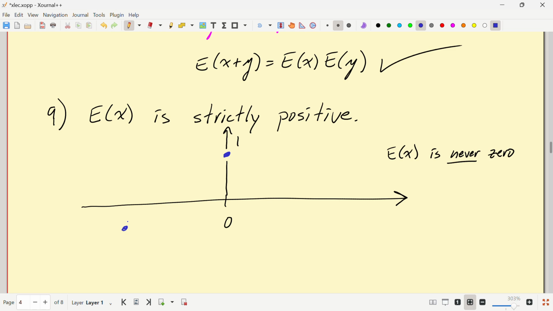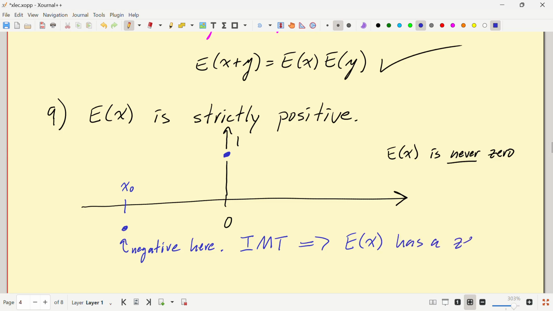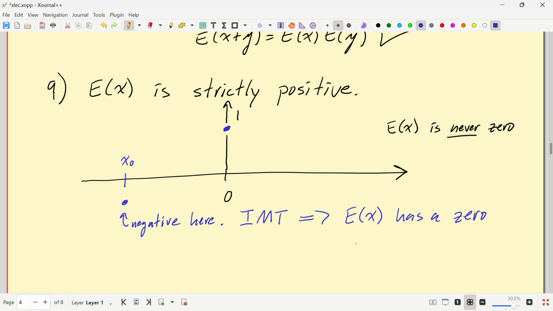It's the intermediate value theorem. If it were negative here, at a spot we'll call x naught, then the intermediate value theorem implies e of x has a 0 between x naught and 0.